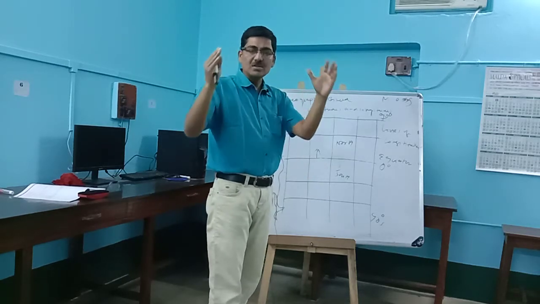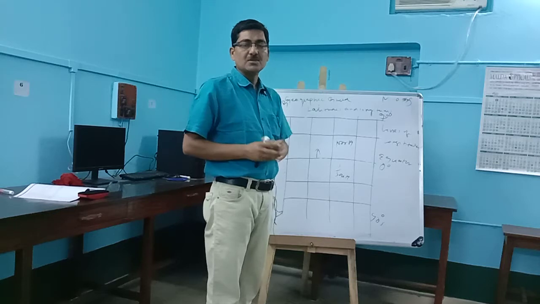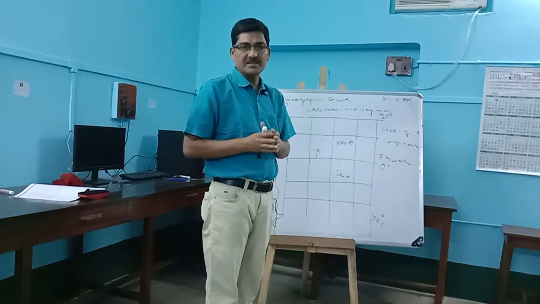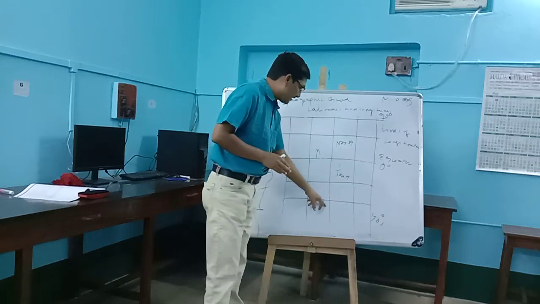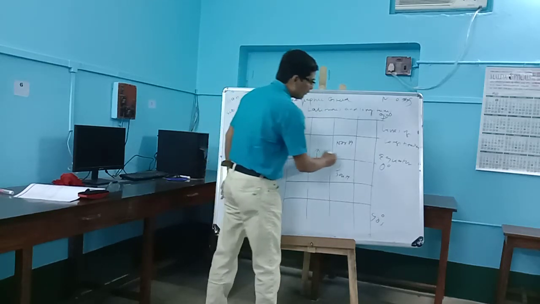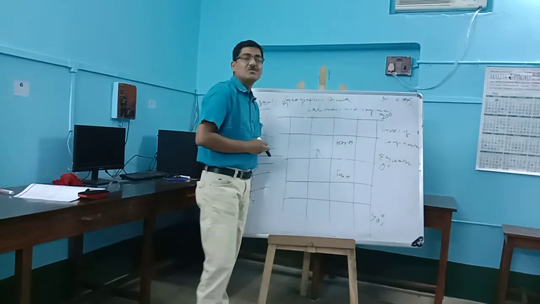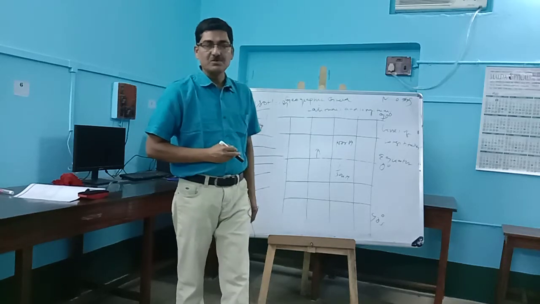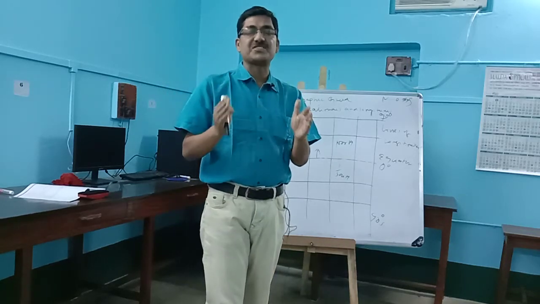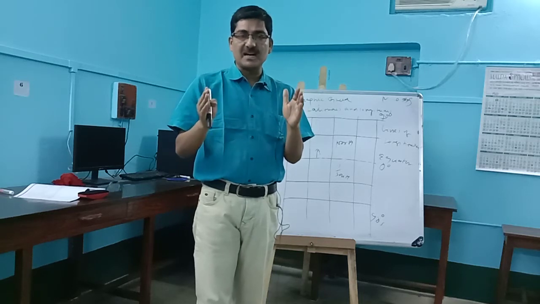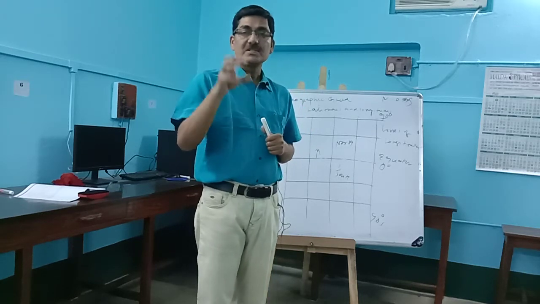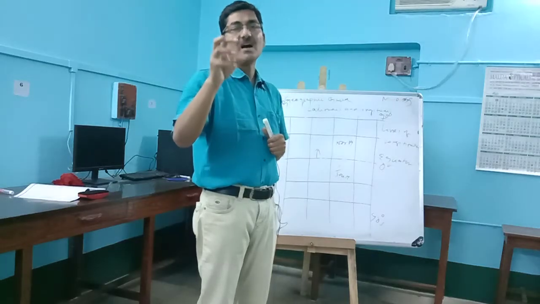But among all these lines of latitude, a very important one lies between the North Pole and the South Pole. This is the equator. Just now I told you, the equator is the largest line of latitude. The length of the equator is equal to the circumference of the earth.